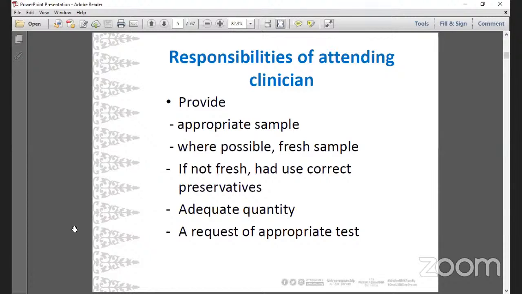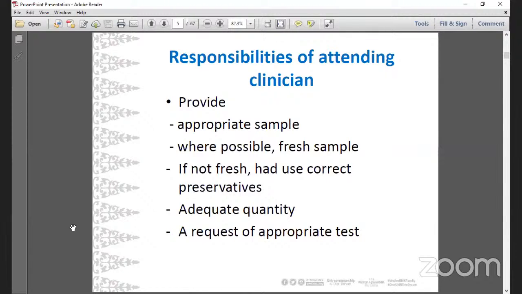So as a veterinarian in the future, you have responsibilities. The first one is to provide the appropriate sample for the laboratory analysis. If possible, the sample must be fresh. If not fresh, it must use a correct preservative.